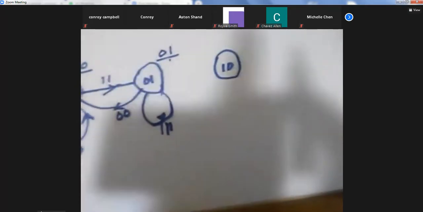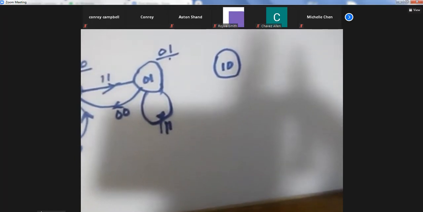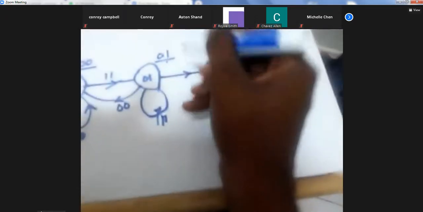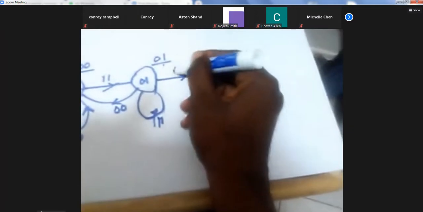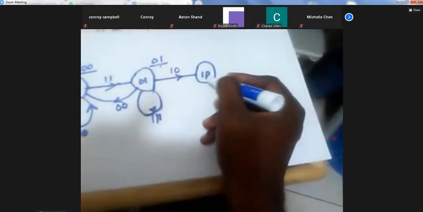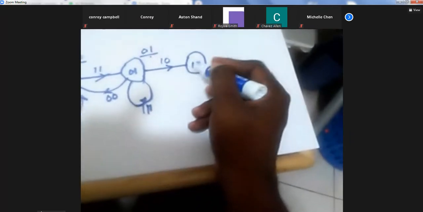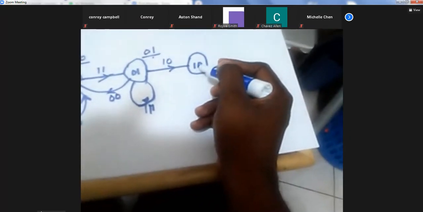When the box reaches the right position, what do you need to do? Turn on the Apple motor. So therefore, 1, 0 is going to carry us to state 1, 0, where the Apple motor comes on and the box motor stops. All right, so the third and final state now.